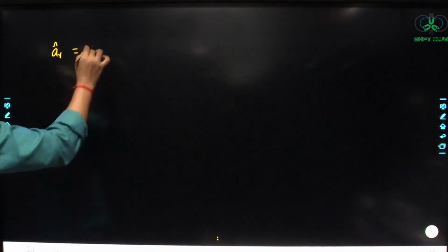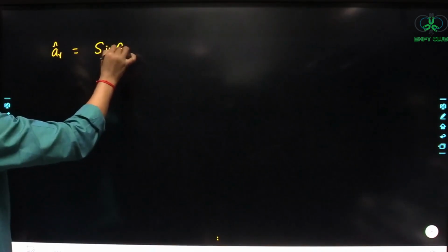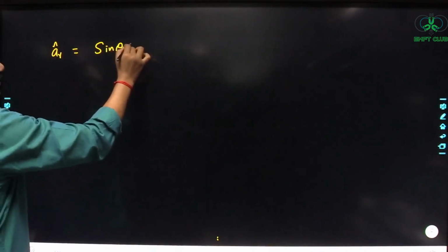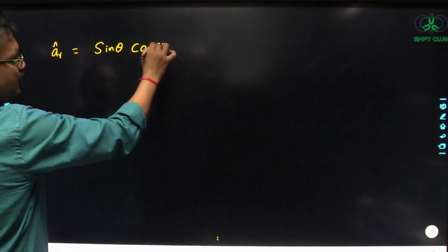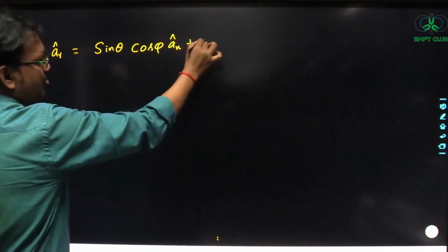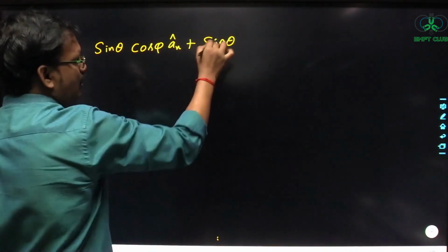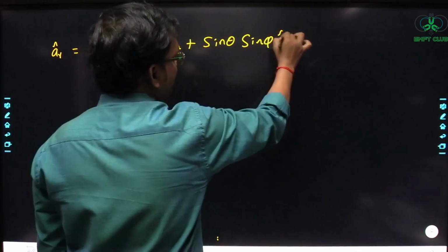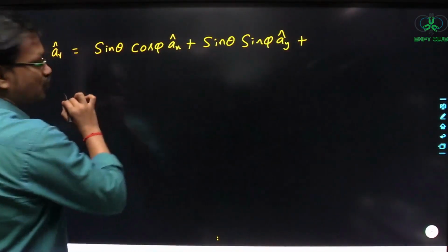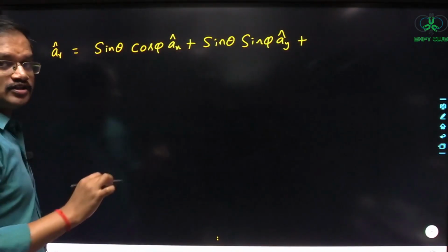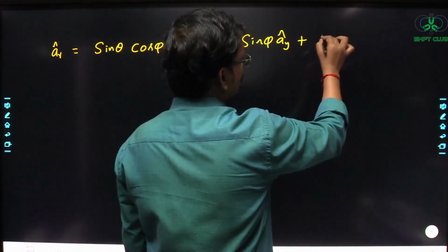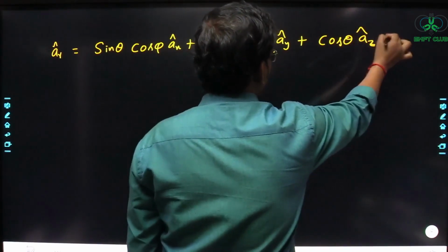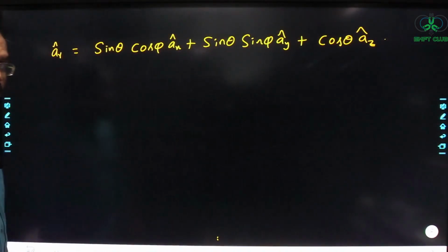Along x, its component is sin theta cos phi ax cap, plus along y direction, sin theta sin phi ay cap, plus, since a_r cap makes an angle theta with respect to the z axis, you get cos theta az cap. In this manner you can easily remember it, right?